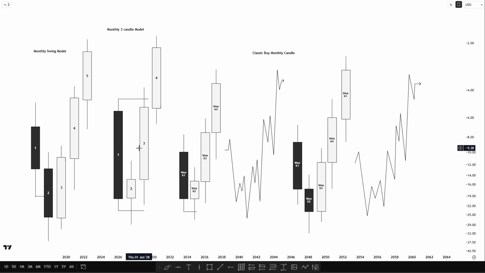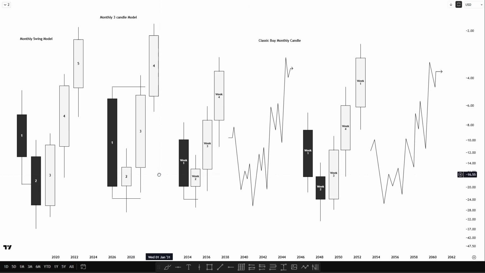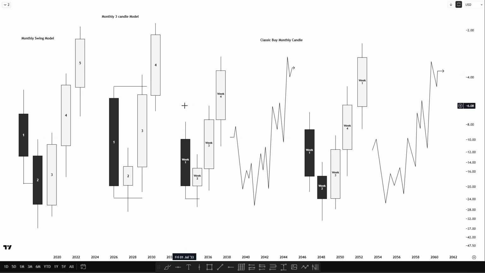So since we profile the markets, right, and we expect an expansion candle, this is the classic buy monthly candle, right? And if you pay attention here, before the candle opens, right, we expect week 1 to be a range. This is the classic buy, right? Week 1 range, week 2 manipulation, week 3 expansion, right?